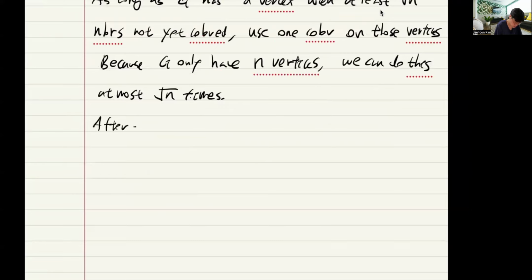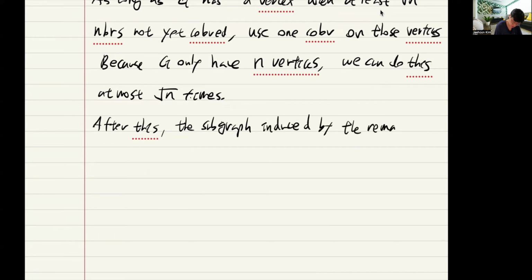After this, the subgraph induced by the remaining uncolored vertices, we don't know how many vertices it has, but we know it has maximum degree less than square root of n.